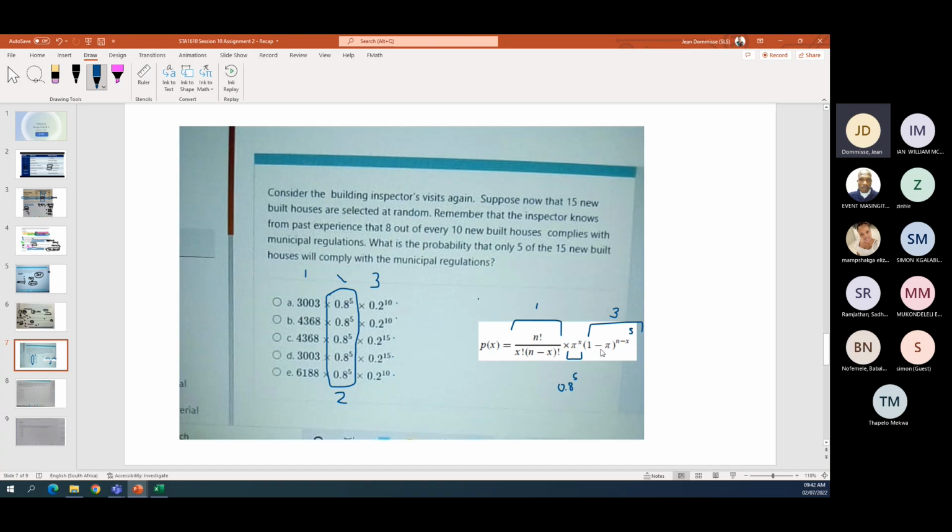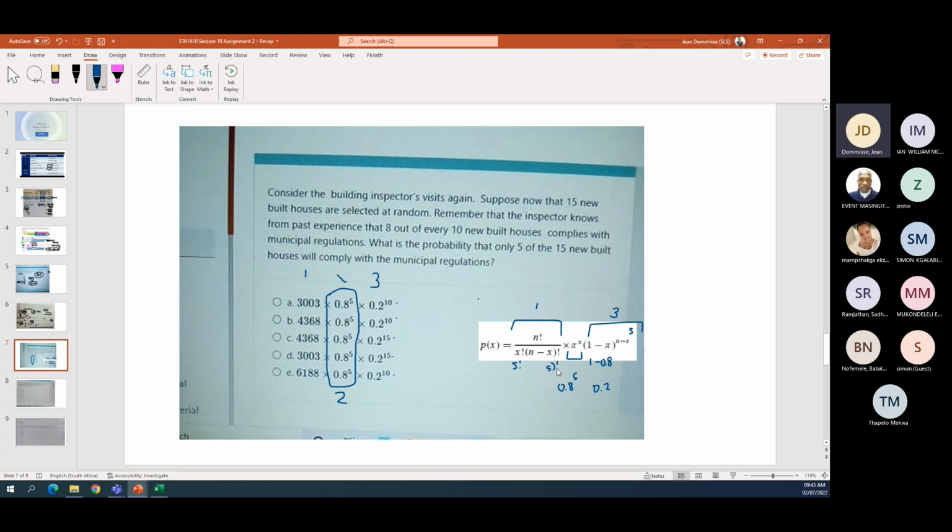I know here that was 0.8, so that is why this is 0.2, because it is 1 minus 0.8. Okay, so if x is 5, I can put in a 5 already. That will also be a 5.